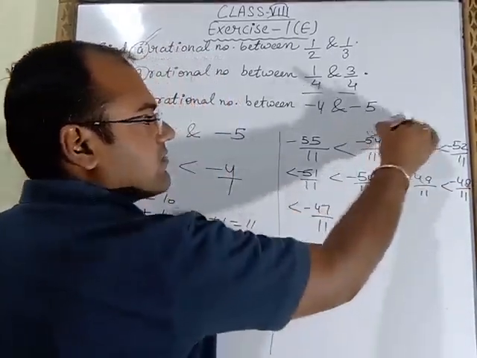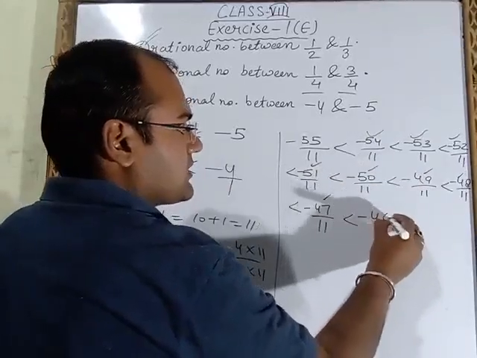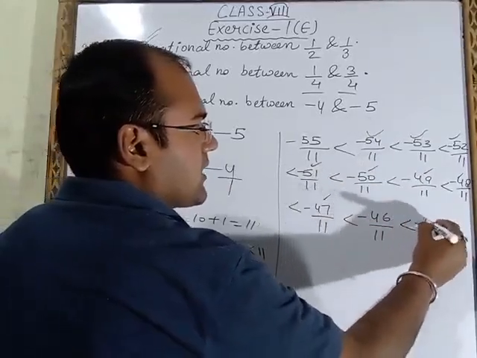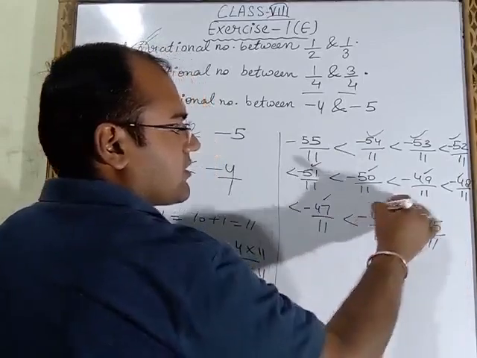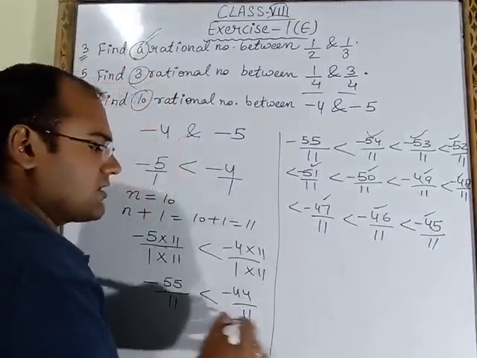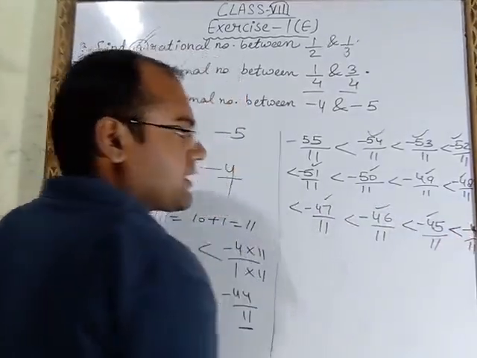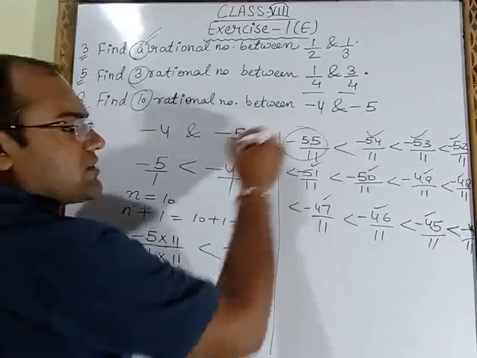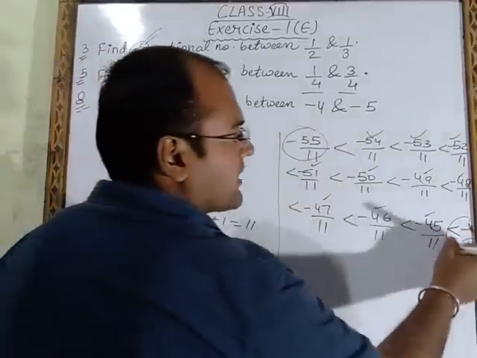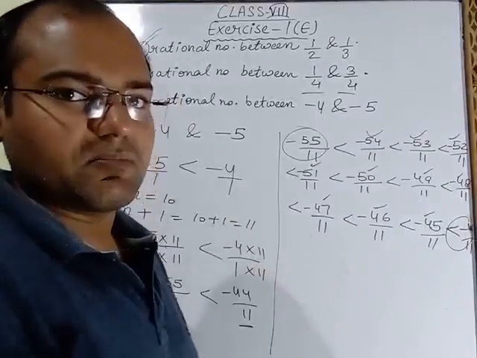How many have we written? 1 2 3 4 5 6 7 8. -46, -45, 9 and 10. 10 numbers we have written. Now at last you have to write -44 upon 11. So between -55 upon 11 and -44 upon 11 we have written 10 rational numbers.